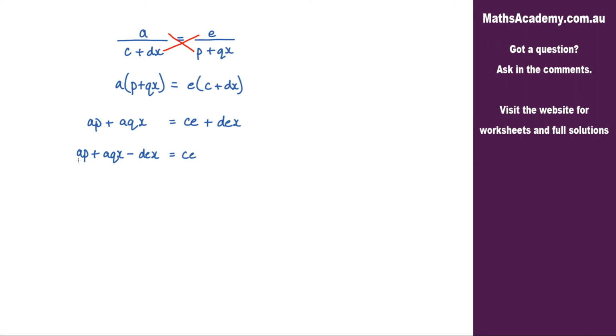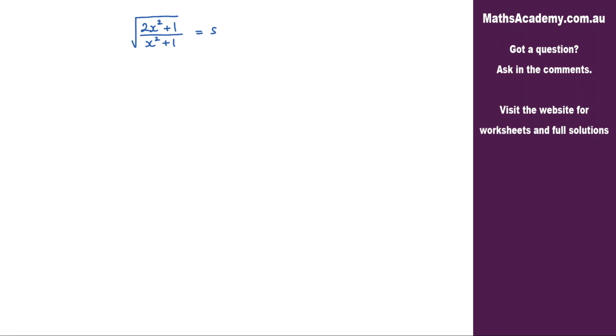We can then subtract ap from both sides to give aqx minus dex is equal to ce minus ap. Now on the left hand side we can factor out the x. So we've got x(aq minus de) is equal to ce minus ap, and then divide by this bracket here to give x is equal to ce minus ap divided by aq minus de.